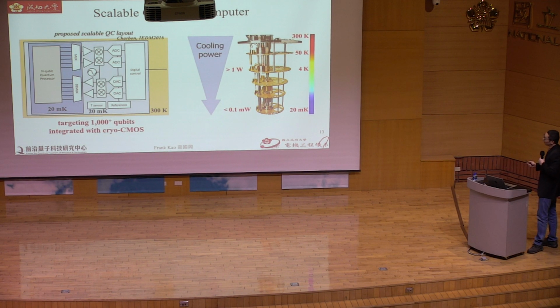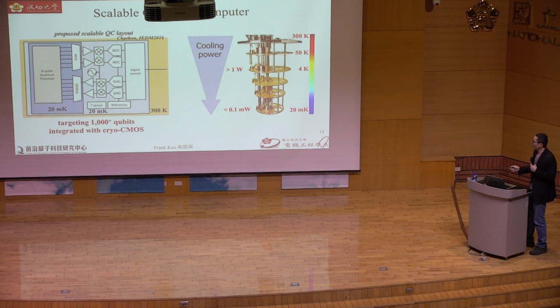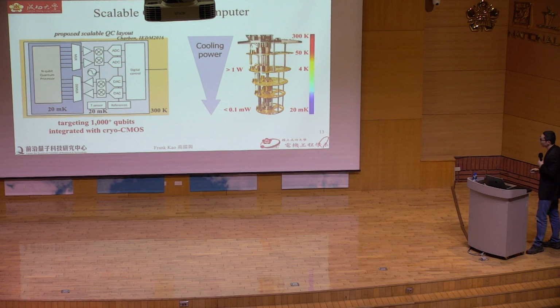So the diagram on the left is probably old, but the concept is more or less the same. You have your quantum processor or qubit at very low temperature, and you have a multiplexer receiving or sending out the signal via Si MOS to the external world.